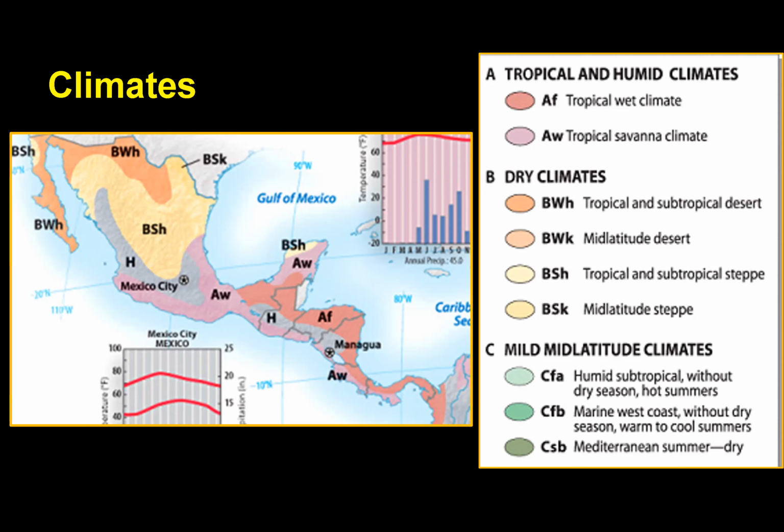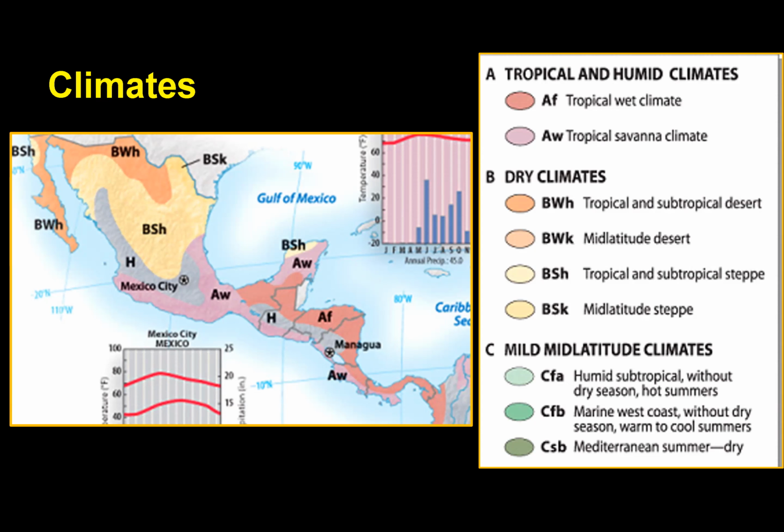And then what we're going to talk about, especially when we talk about the Caribbean, is that we have what are called the northeast trade winds. So the winds are coming from the northeast and they come across the Caribbean Sea, picking up moisture. They're very warm. The water is like 80 degrees. And when they hit land, they cause a lot of rainfall. So the AF climate that you're seeing here is a tropical wet climate.